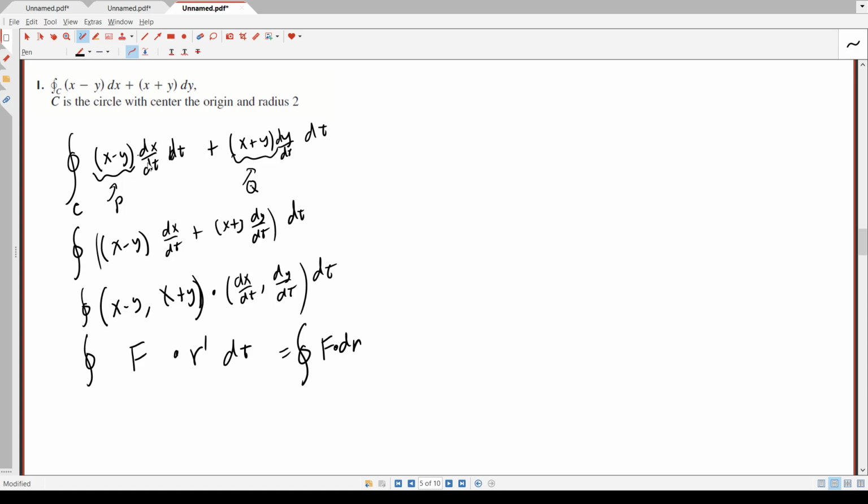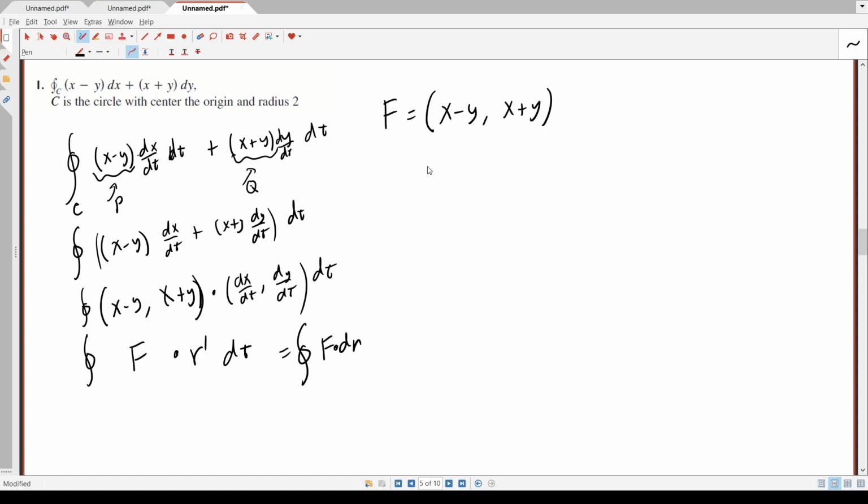We could check and see if this is a conservative vector field, but it's not going to be. If I do the derivative of this with respect to y, I get -1. If I do the derivative of this with respect to x, I get +1. Not the same, not conservative.